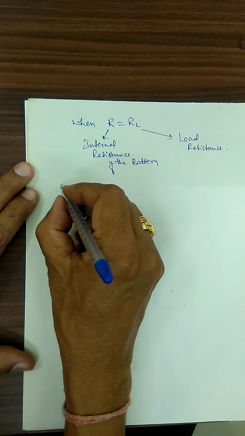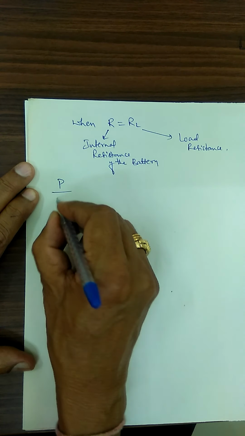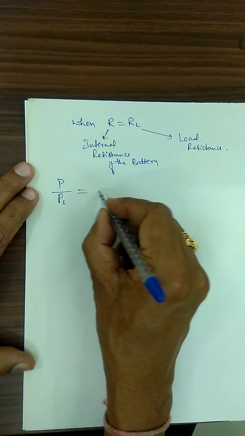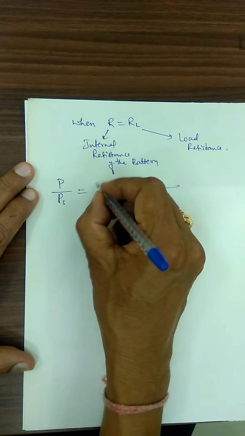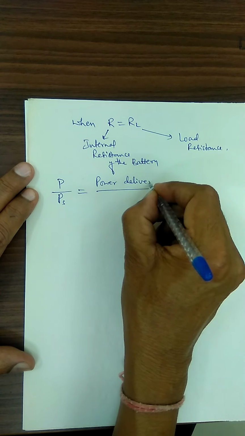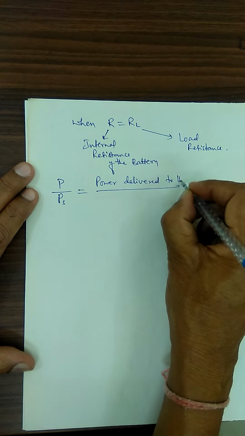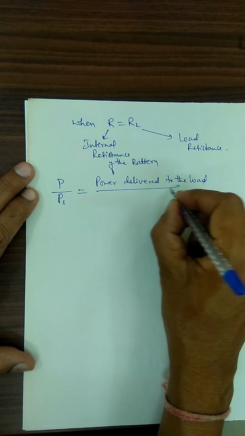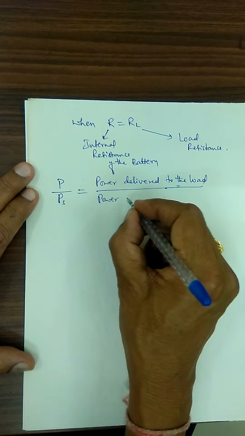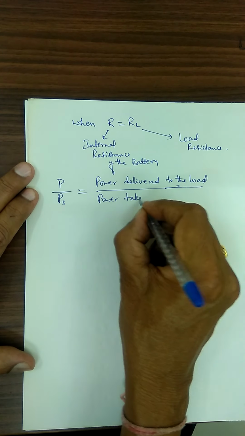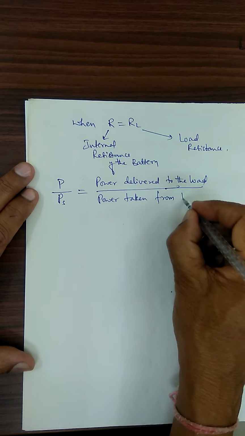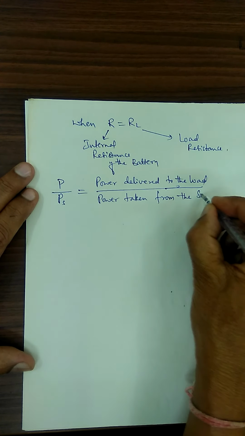Now I am supposed to calculate P divided by PS is equal to how much? What is that P? P means power delivered to the load. PS means power taken from the source. S for source, taken from the battery or a source.